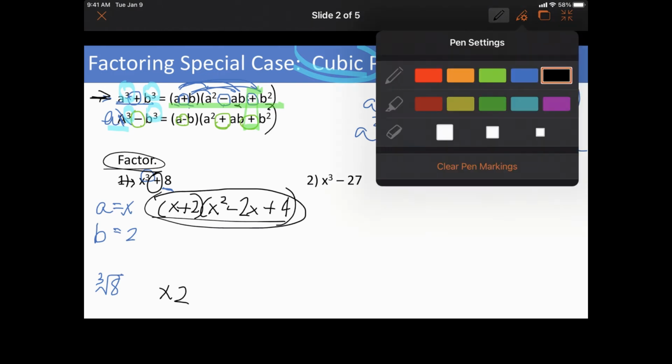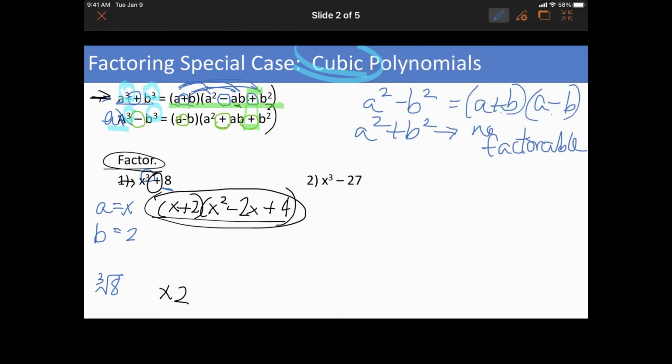All right, so this next one, again, I have to find a and b. So taking the cube root of that, that's x. The cube root of this, okay, so you're saying, Miss Mendoza, what about that negative? We ignore the negative. It's just the number. Just take the number 27 and cube root that, right? So that's going to be 3. So what we have here is the second one.